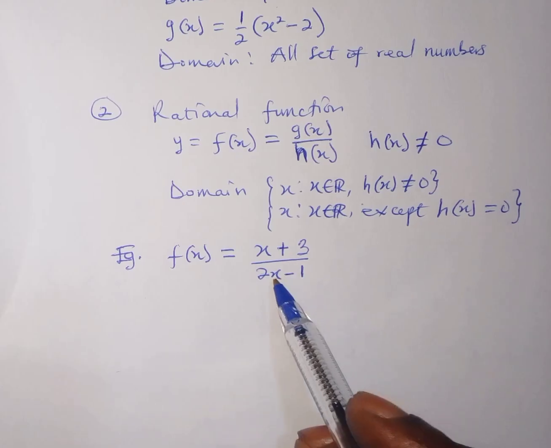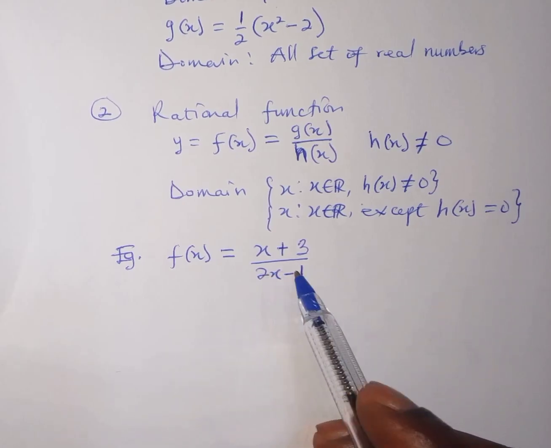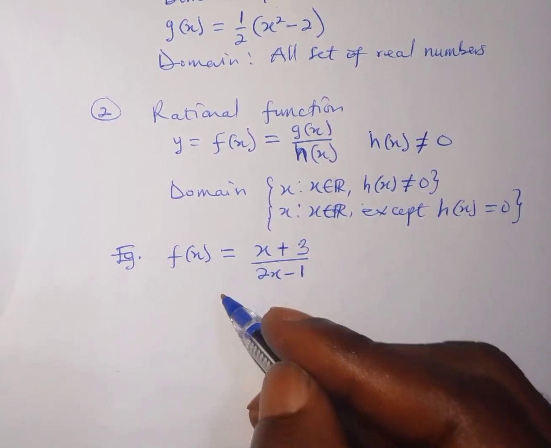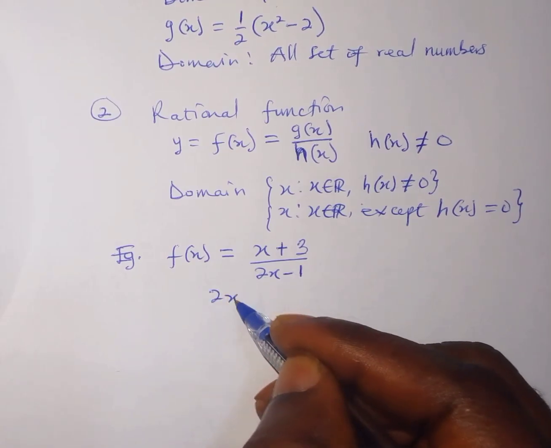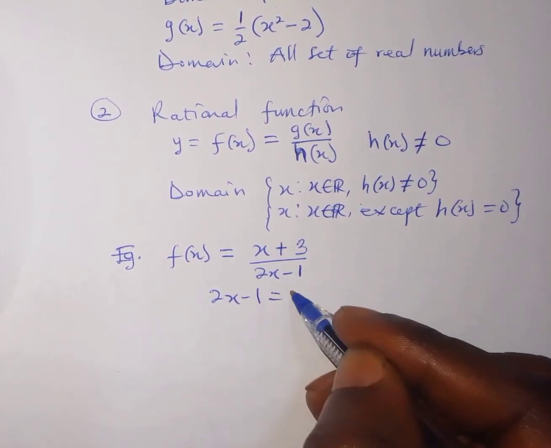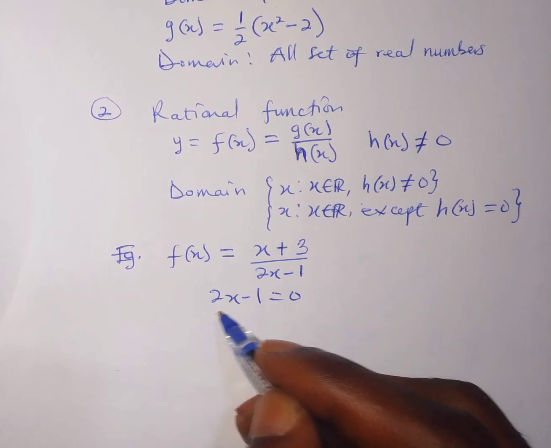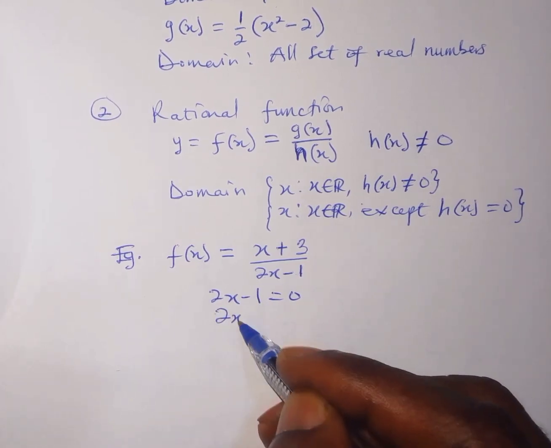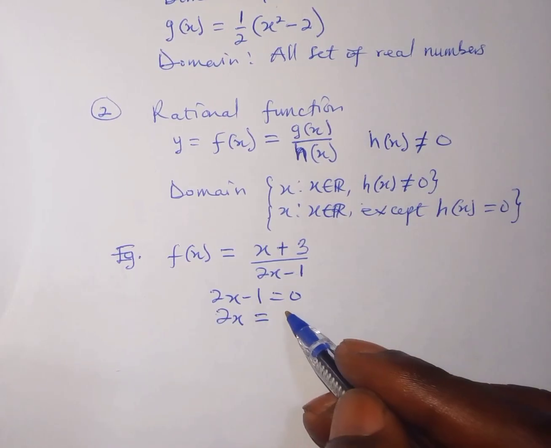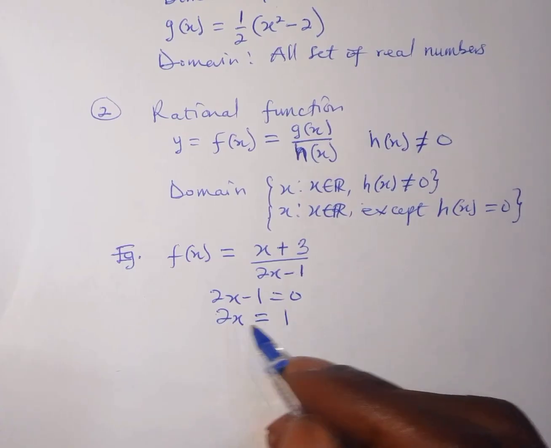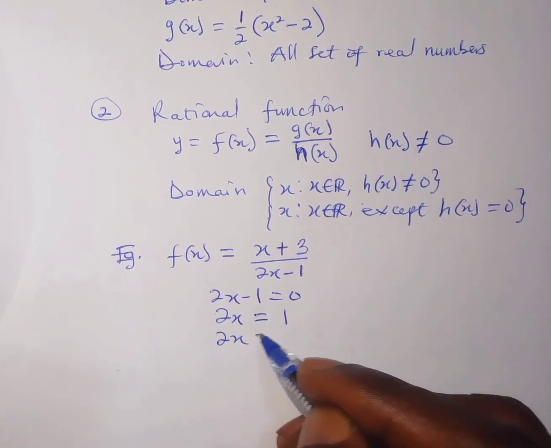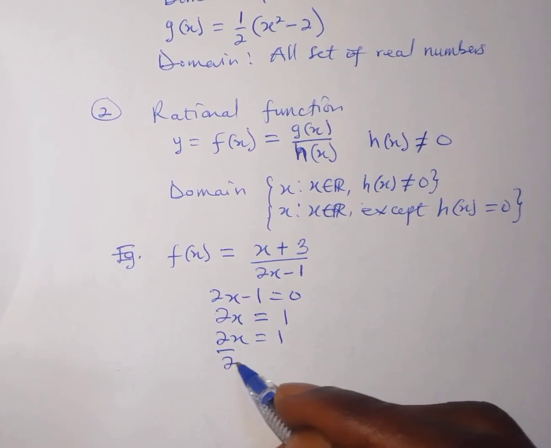All that you do is just equate the denominator to 0 and solve for x. So we are going to have 2x minus 1 equal to 0. Solving for x, I will group like terms, where I have 2x is equal to 1. So I can divide both sides by 2.